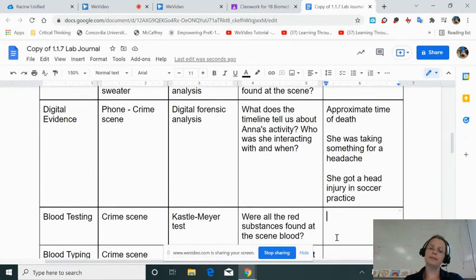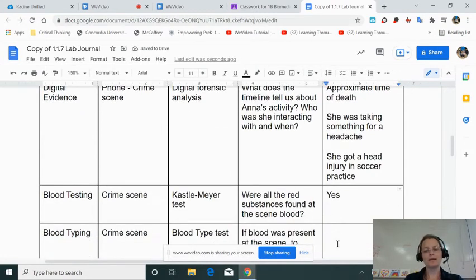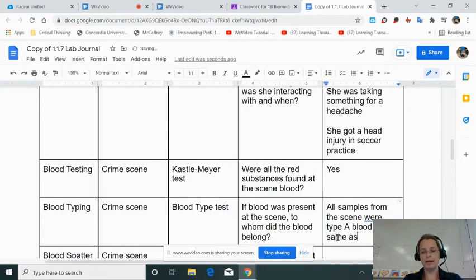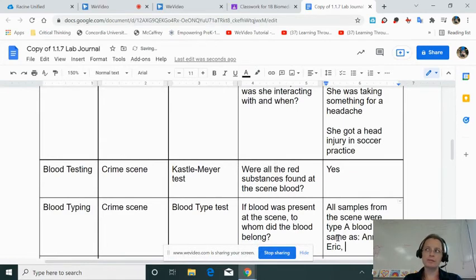So were all of the red samples found at the scene blood? Yes. And they were all samples from the scene were type A blood, the same as Anna, Eric, I think it was Dominique.